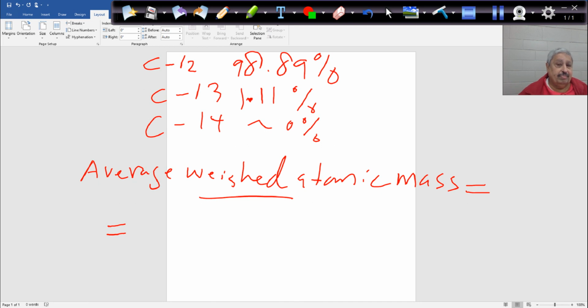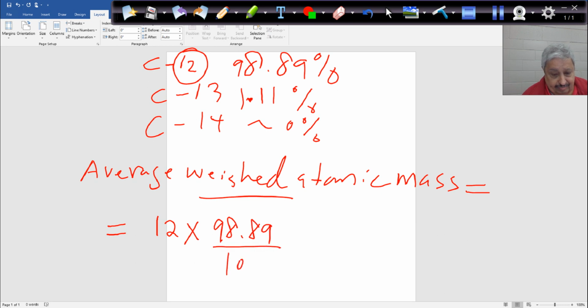The atomic mass of the first isotope is 12, multiplied by 98.89 over 100.